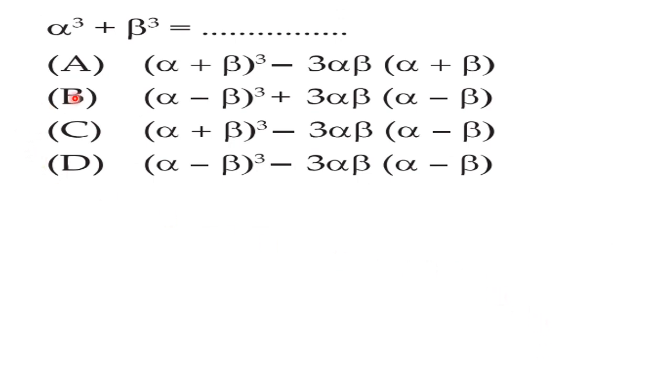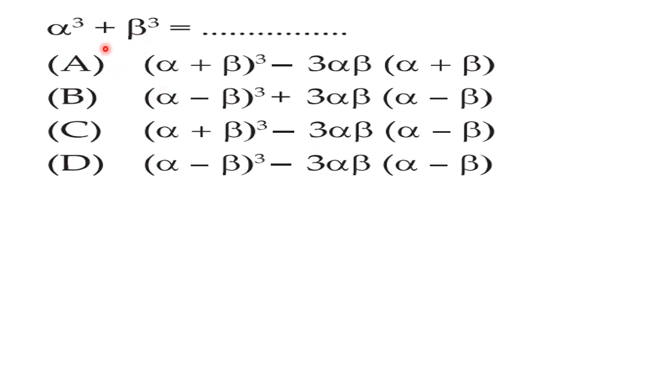See, this identity we have used in the word problems. Alpha cube plus beta cube is equal to, and they have asked you the expansion of this. In 9th standard also, in 10th standard also, in the beginning, I gave you these identities. These are very important. Now see, since you have alpha cube plus beta cube, you know that the cube of a positive number is positive and the cube of a negative number is negative.